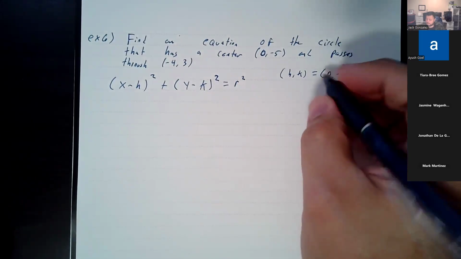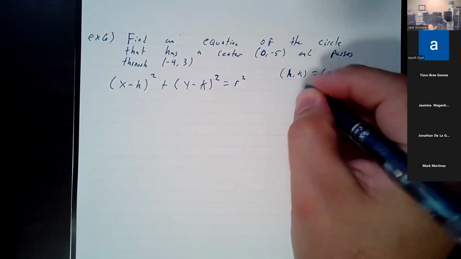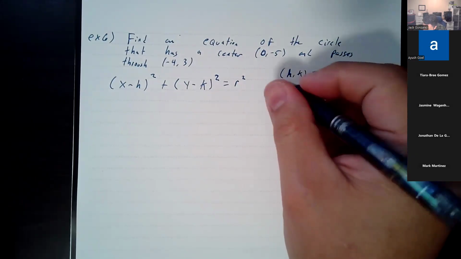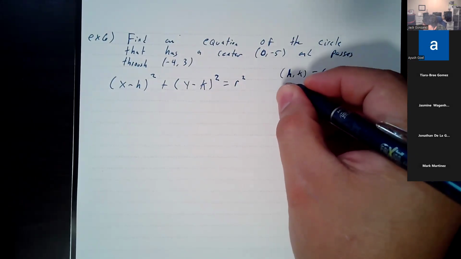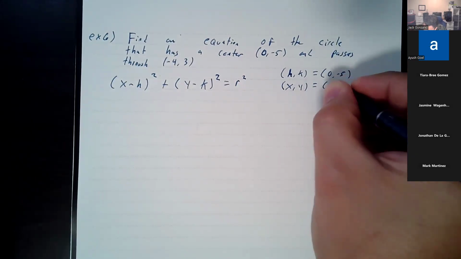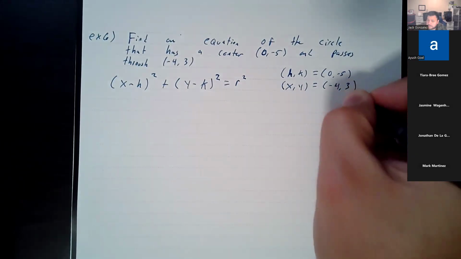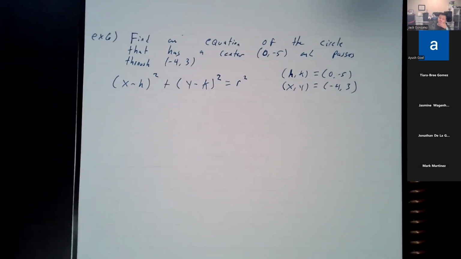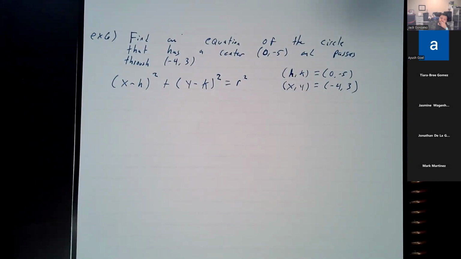We have H, K, and we have some random X and Y point, right? Nothing special. We just know it's on the circle. So couldn't we just plug everything in and solve for R?